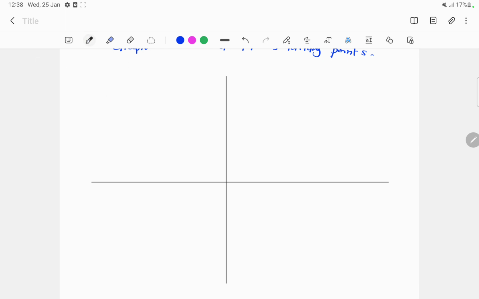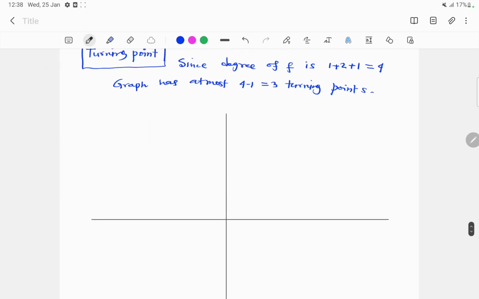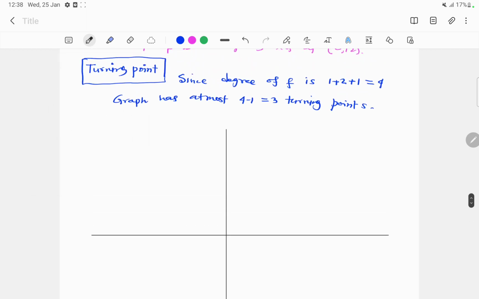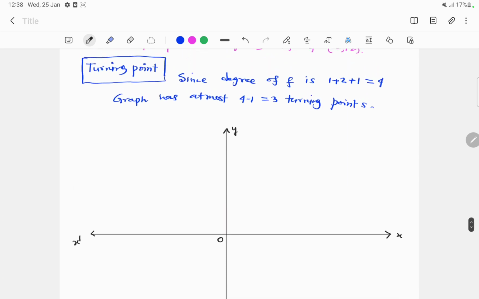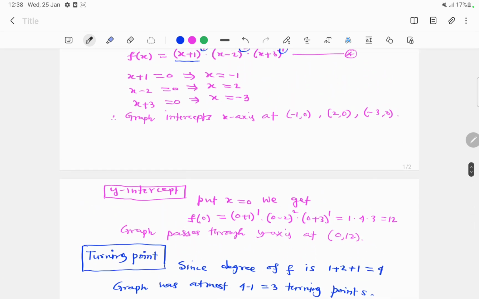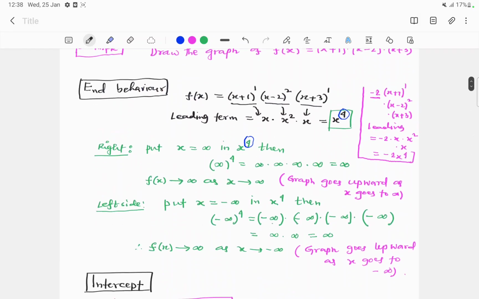So this is the x-axis and this is the y-axis, and this is the negative side of the x-axis, this is the negative side of the y-axis, here the origin.